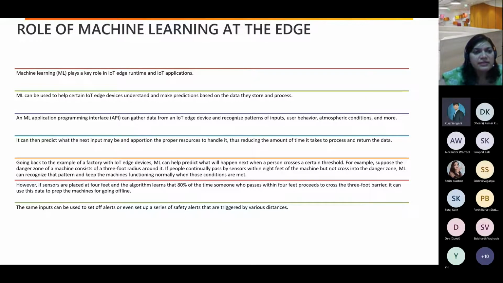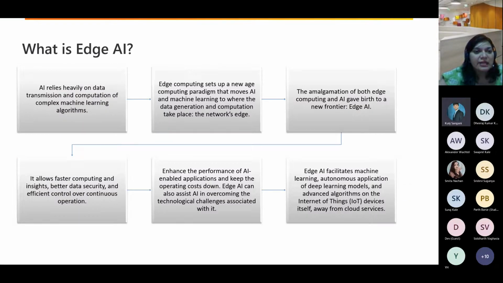Okay, and this is what I was talking of, right? Edge AI. Your AI workloads, your machine learning, and all of your intelligence, which is now sitting on the device itself, which is called the network's edge, is called edge AI. Now, edge AI might require certain sophistications inside the device itself, because, for example, your vision algorithms, object detection, and image recognition models are quite heavy, right?